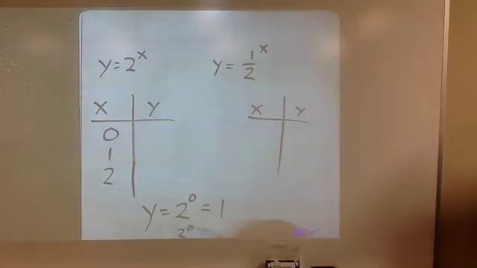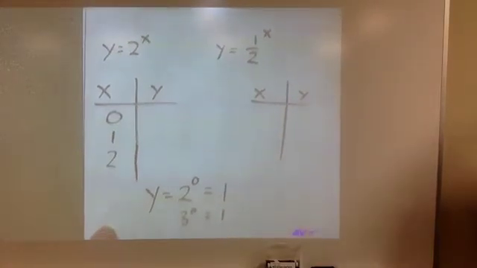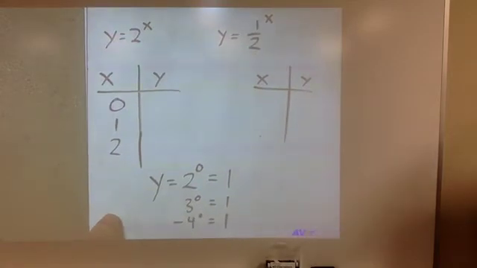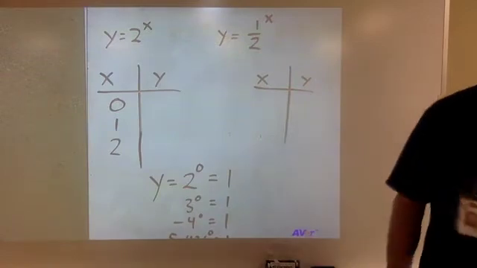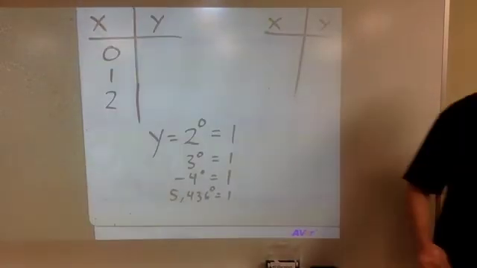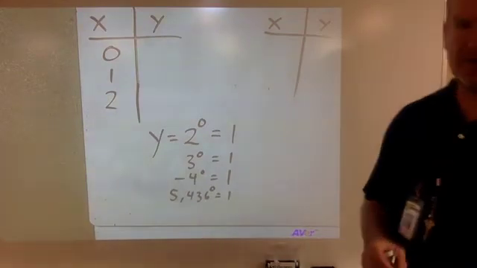3 to the 0 power equals 1. Negative 4 to the 0 power equals 1. 5,436 to the 0 power equals 1. All right, I just made up a big number there because I'm making the point that anything to the 0 power equals 1.